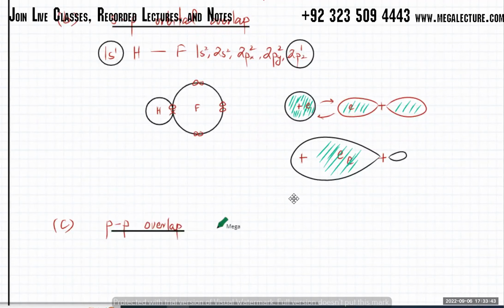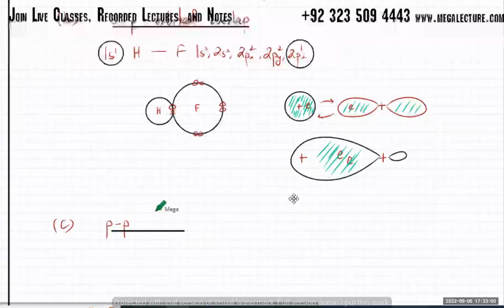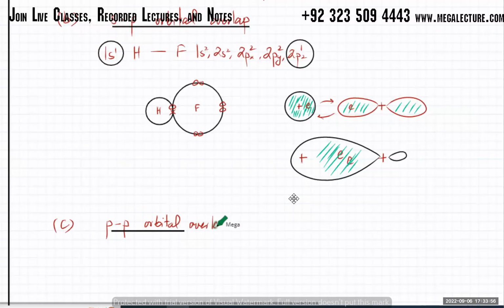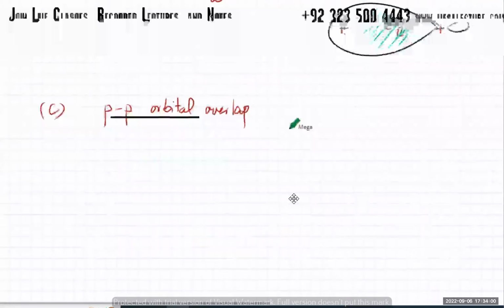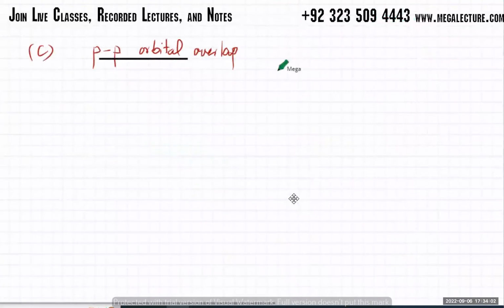In a P and P orbital overlap, what will happen is that one atom has a P that needs filling, and the other one also has a P. So the fluorine molecule is what it will be.